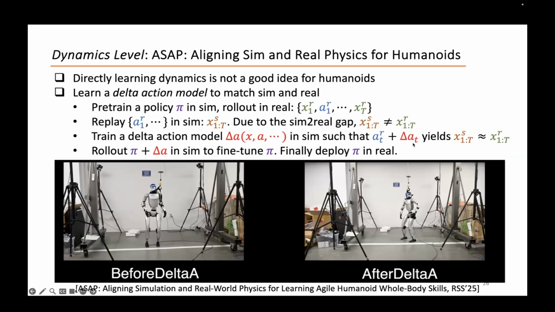So you can imagine the data we collect is this X and A trajectory, the X_R trajectory. And we put it in simulation, trying to minimize the distance between X_S and X_R. So we need a motion capture system. But it would be interesting to do pure proprioception residual learning in the next paper. But in this paper, we are doing state-based learning, using a motion capture system.